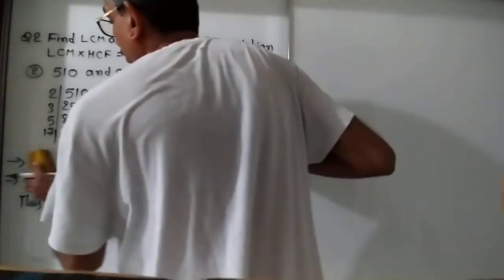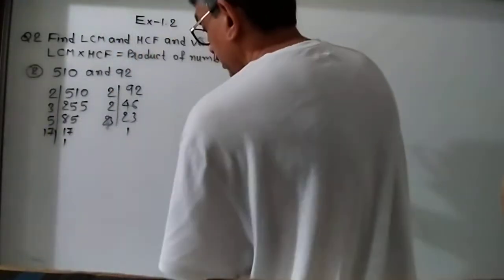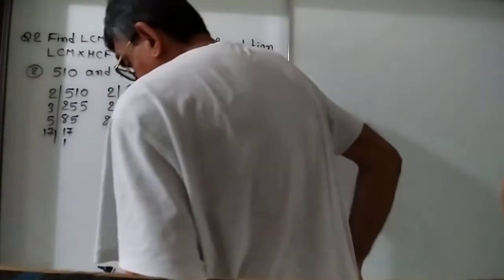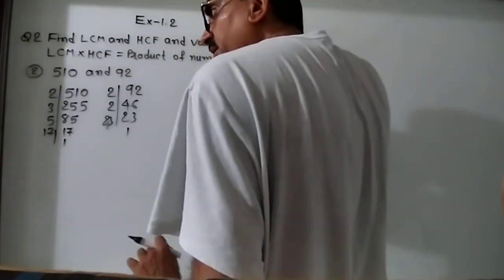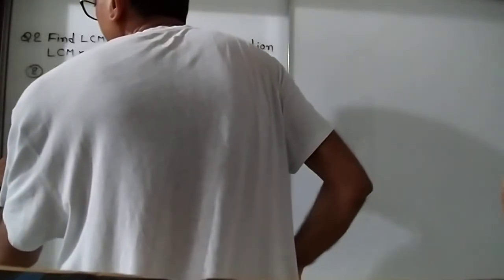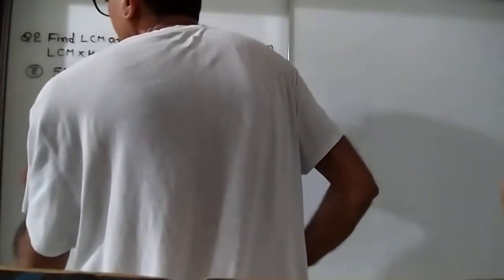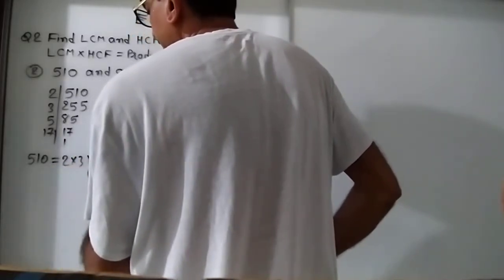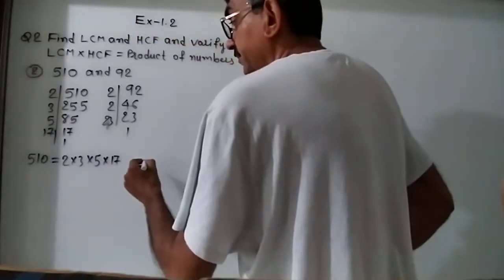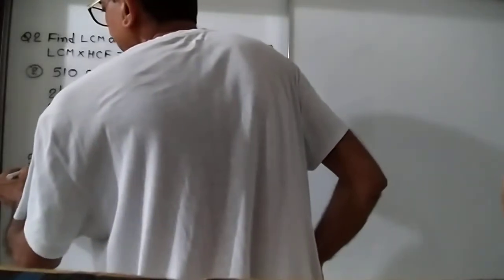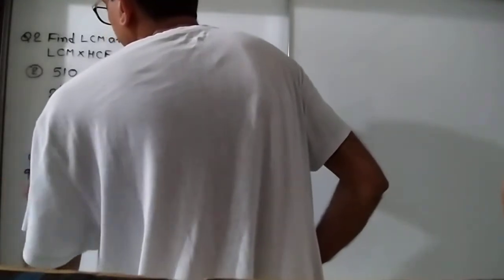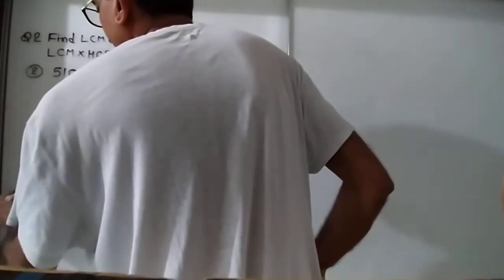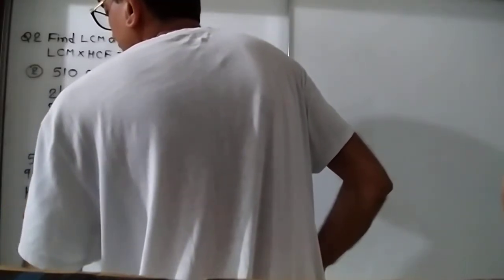So here we got the factors of 510 and 92. 510 is 2 into 3 into 5 into 17, and 92 is 2 into 2 into 23. First we decide the HCF.